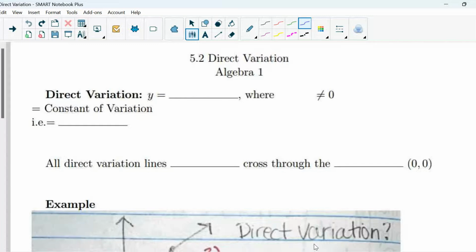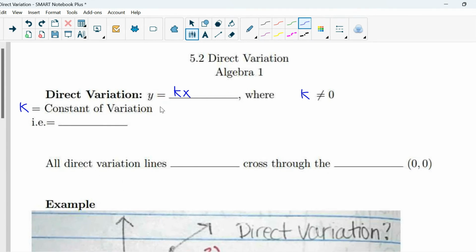So direct variation is represented by the formula y equals kx, where k cannot equal 0. So k represents our constant of variation, and x represents our variable or our input to our equation.